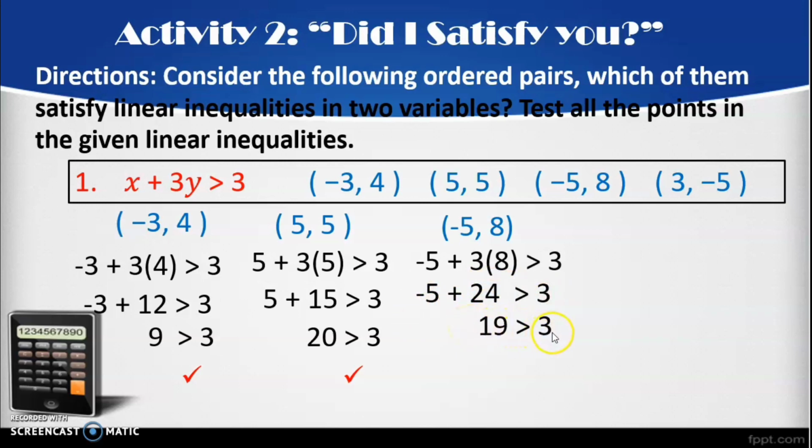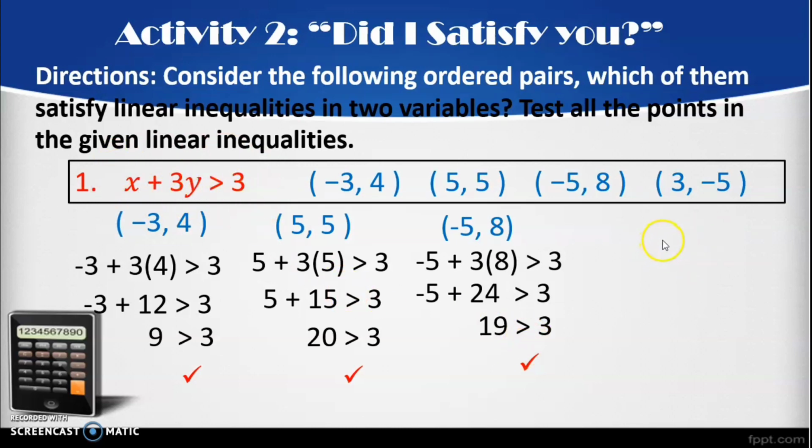Positive 19 greater than 3, which is a true statement. So, ibig sabihin, negative 5 and 8 is also a solution to the inequality x plus 3y greater than 3.